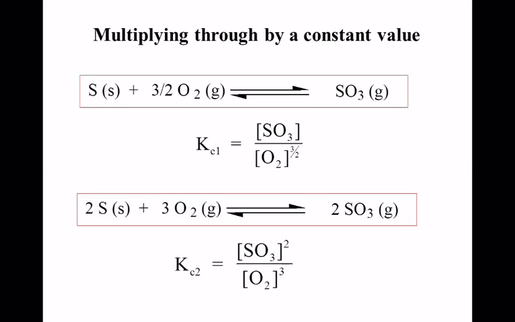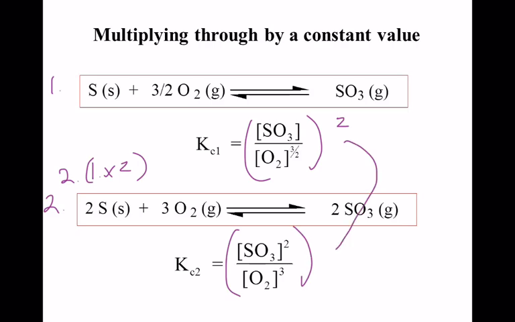There's going to be a rule coming up, but do you buy this that we multiplied this by 2? Well, maybe that's how I say it. We call this 1 and this 2. 2 is basically 1 times 2. Okay, so can you almost kind of see that basically if you take this and square it, that's what this is. So that's kind of the way the rule works.